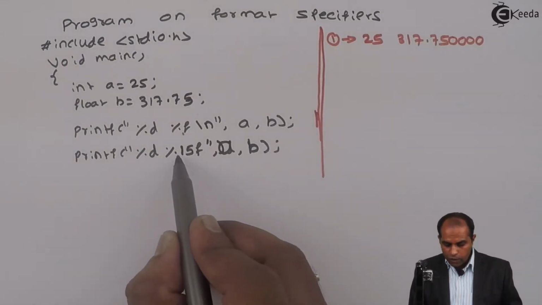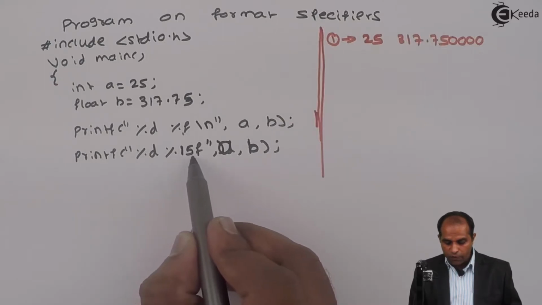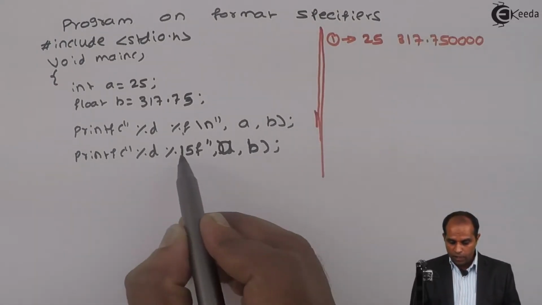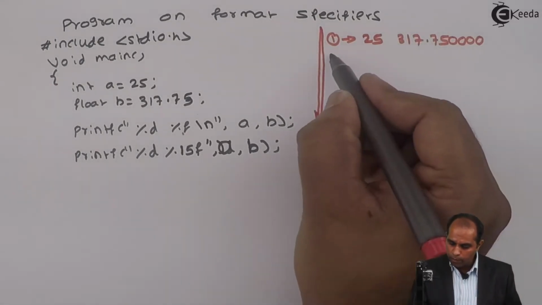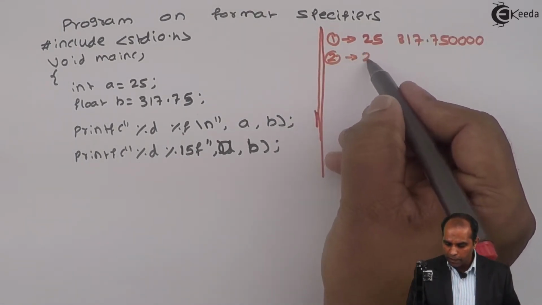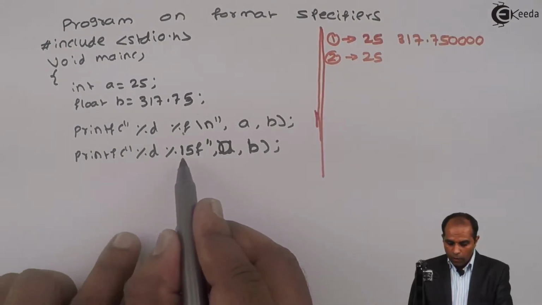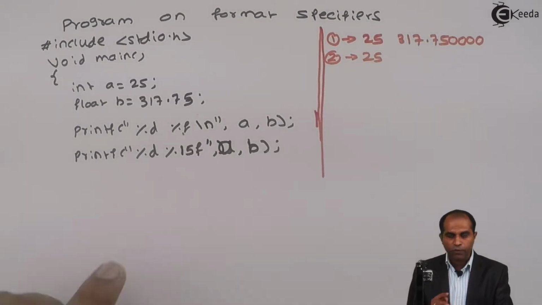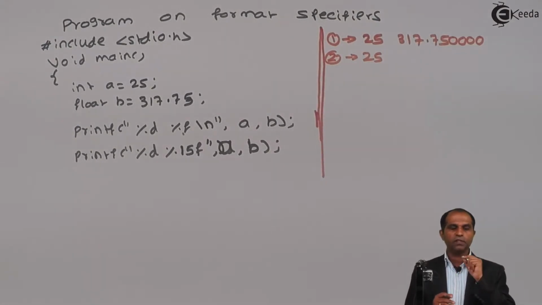Now, when I apply this specifier %15f for this, the second printf will not have any change, 25 will be printed as it is. Now, how do %f and %15f differ? When I say %15f, it means that the floating value has to be displayed within 15 spaces.